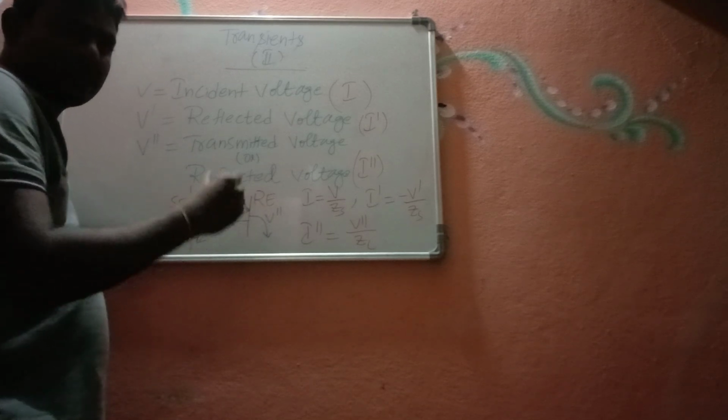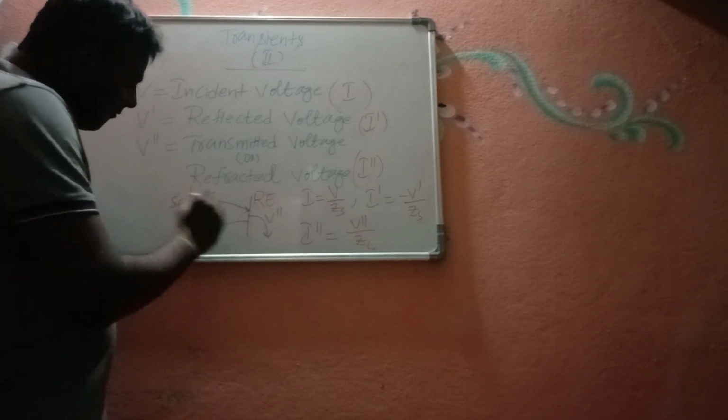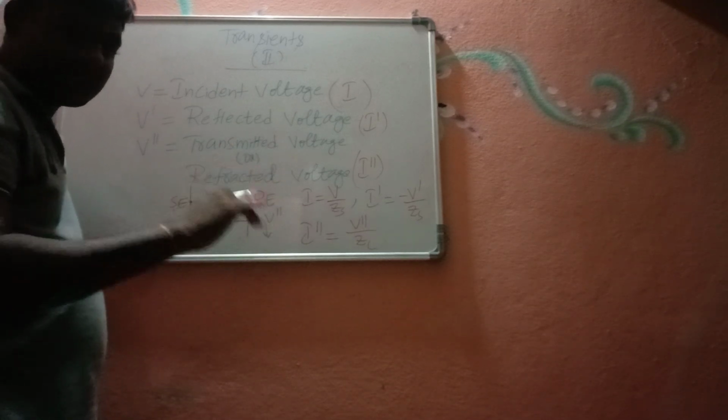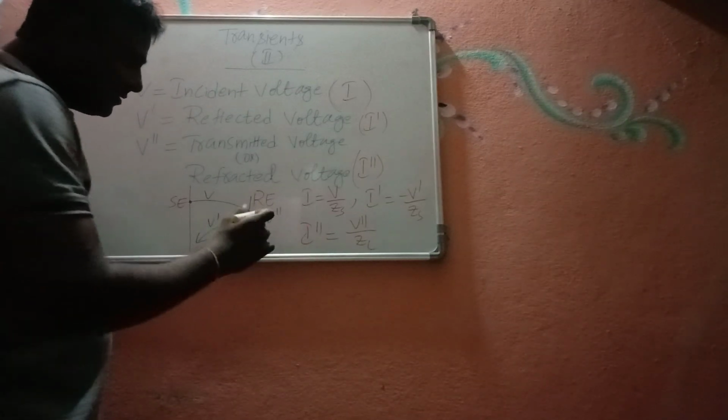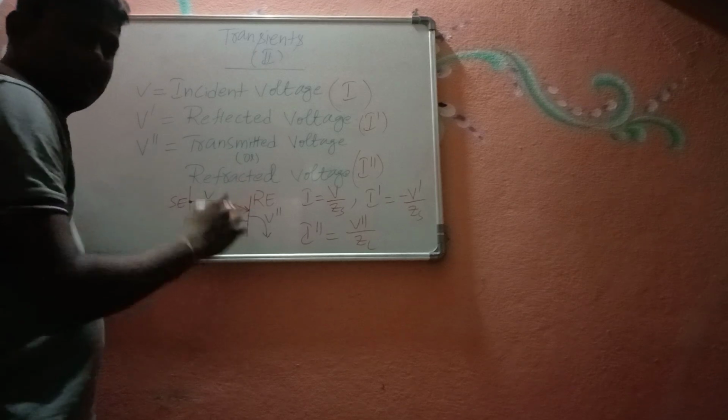It will see some impedance, and exactly at the receiving end the wave experiences a change in impedance. Here the load impedance will be some value and the line impedance will be some other value.